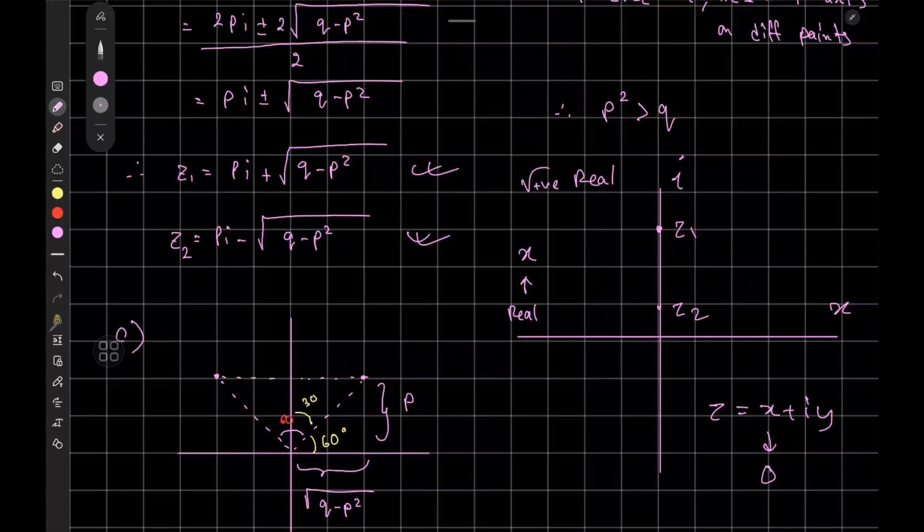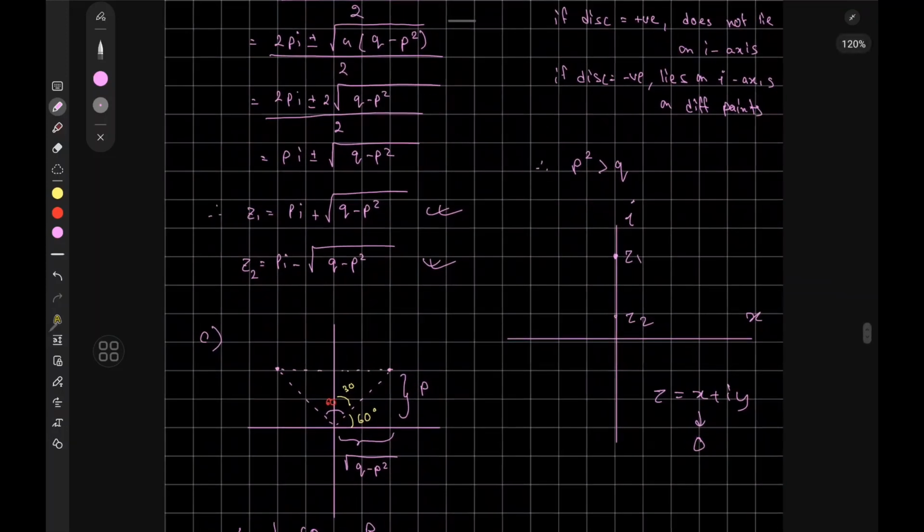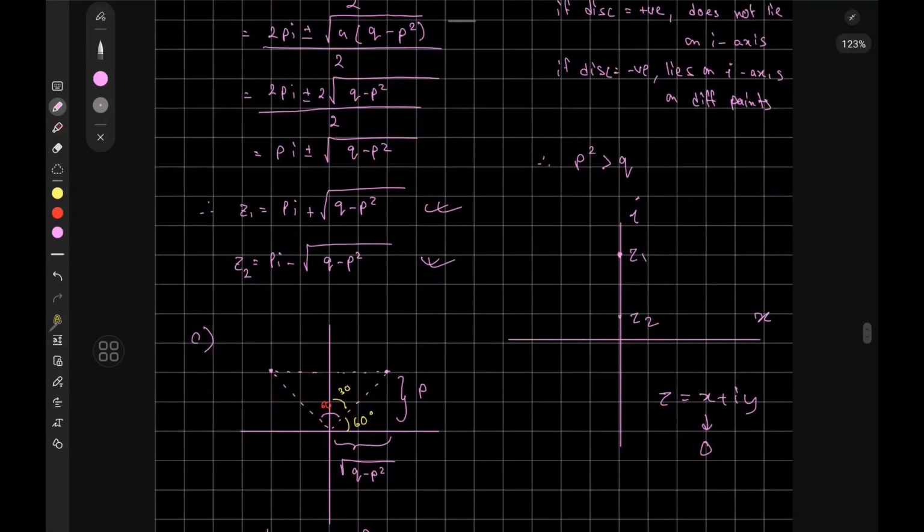Therefore, it cannot have a positive discriminant, because in that case this z value will shift to this side or this side. You don't know that, but the question is asking you to put the z value or the complex number on the y-axis. So in that case, the discriminant has to be negative for it to be able to lie on the y-axis.